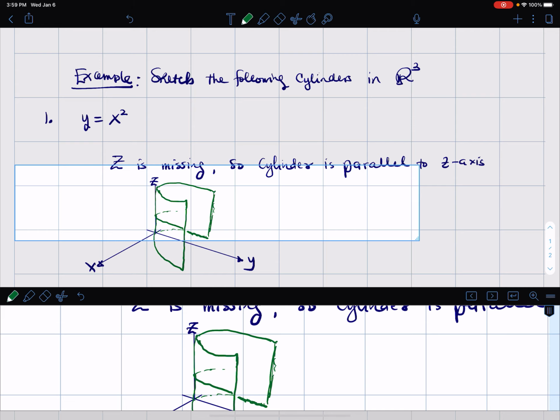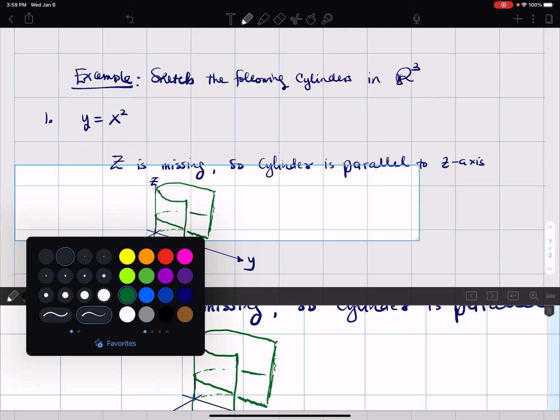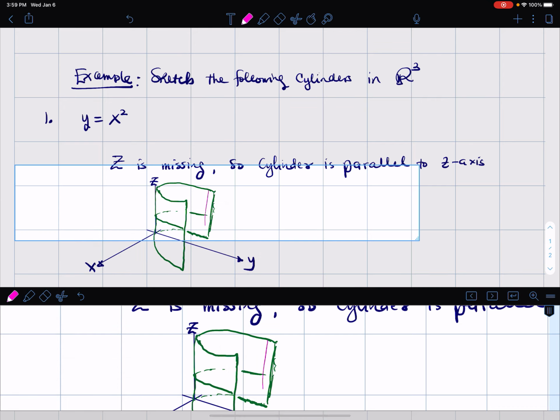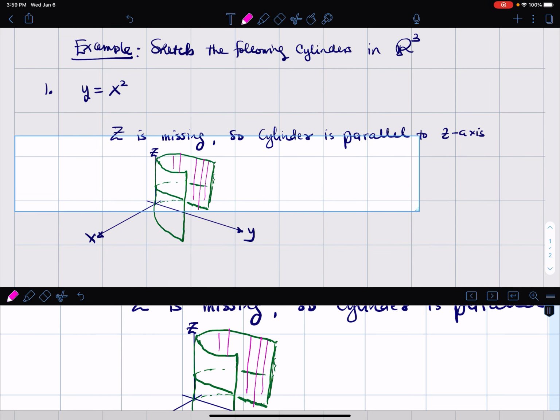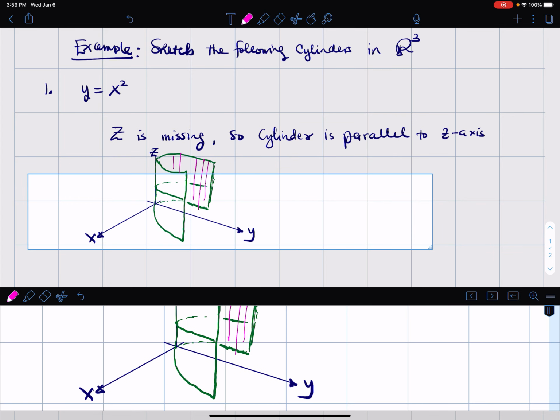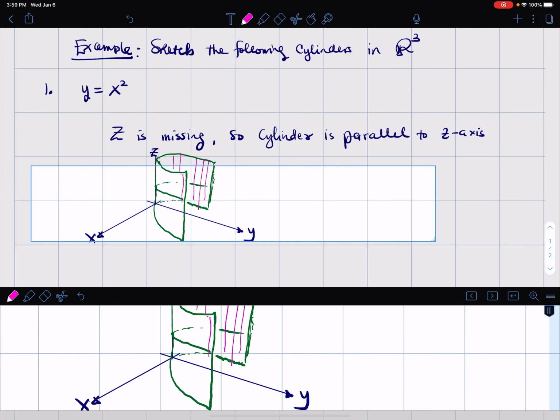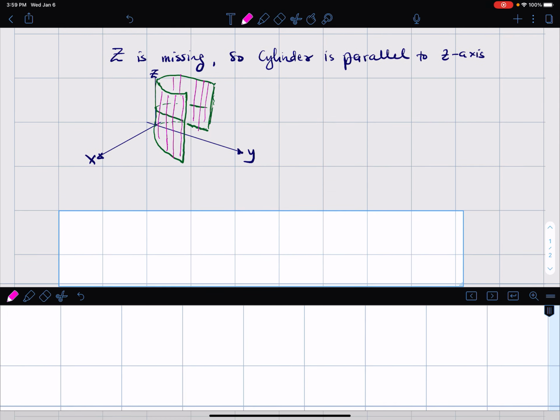It could be any of the parabolas, and then the lines that are parallel to each other are these lines, like that. Okay, so that's a cylinder.